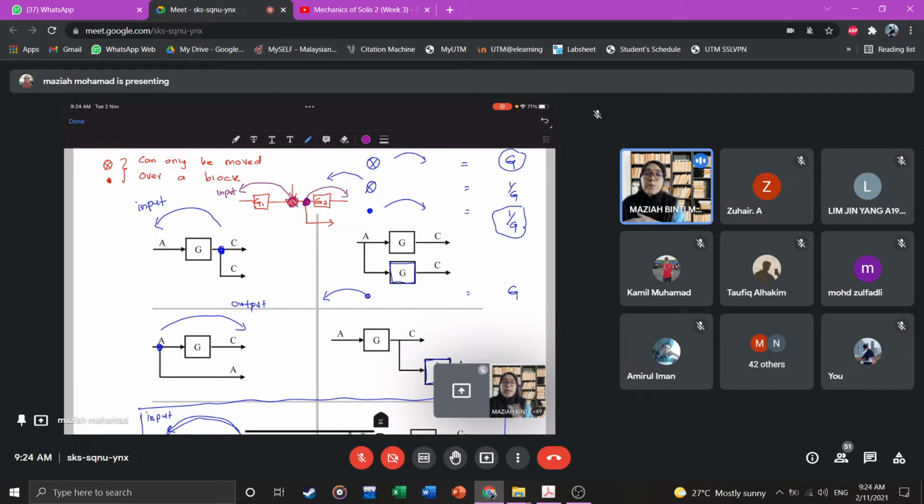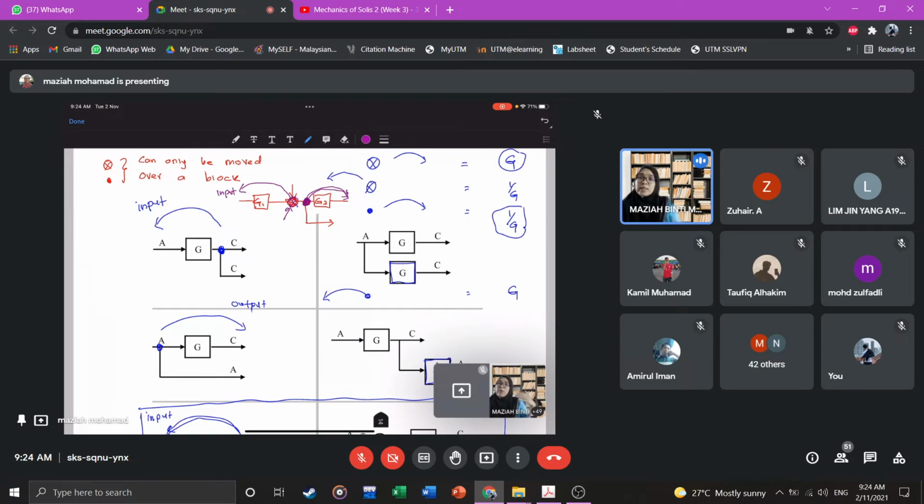But it cannot be moved toward the input due to the summation point here. Because there is a summation point in between the block, the pick off point cannot be moved toward the input. So in this case we only have one choice. As for the pick off point, we can only move it toward the output.